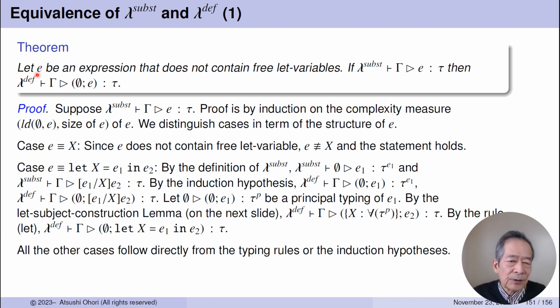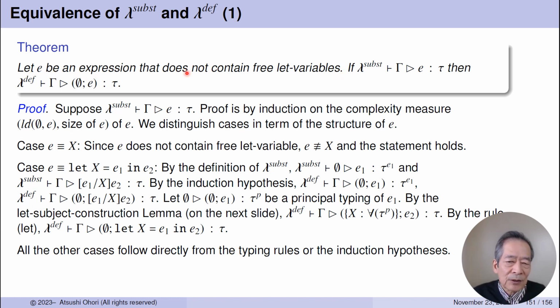Now we suppose E is an expression that does not contain free let variables. This restriction is nominal in the sense that there is no real restriction. As I commented, free let variables are imaginary ones in ML, non-existent, not necessary. So this restriction doesn't make any real restriction.